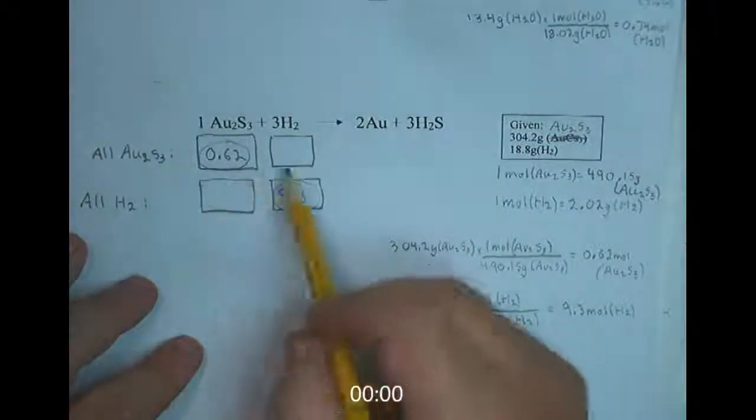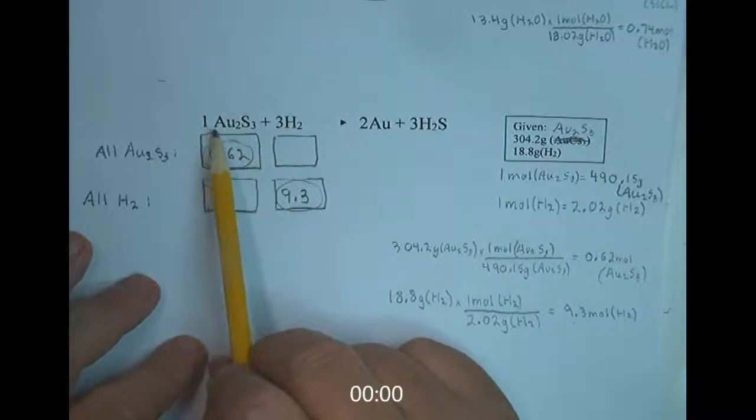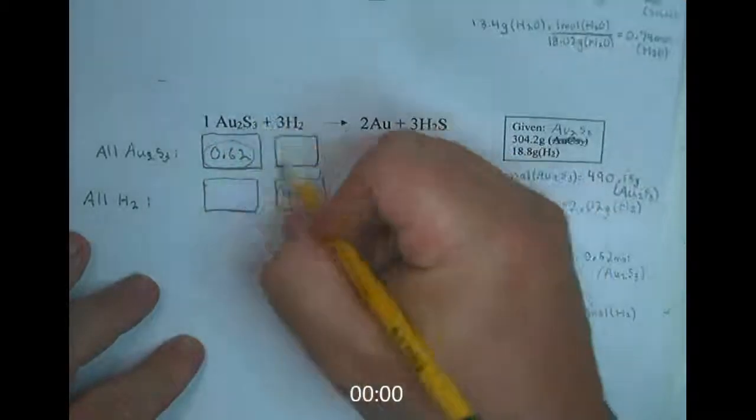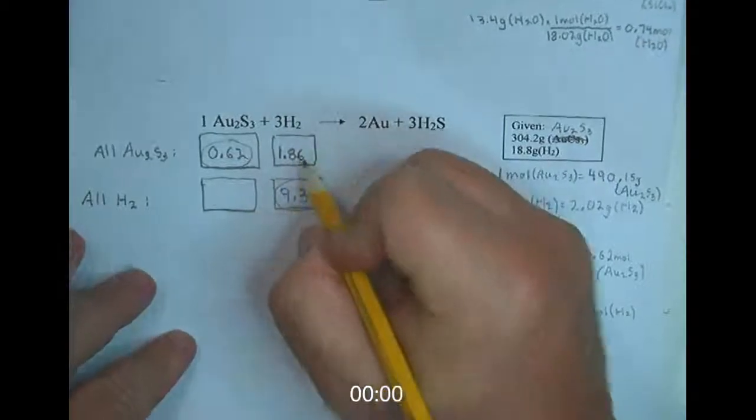Now we figure out these. Well, I need 3 times as much hydrogen as I have of the Au2S3. So I'm going to go ahead and multiply this by 3, and I end up with 1.86.